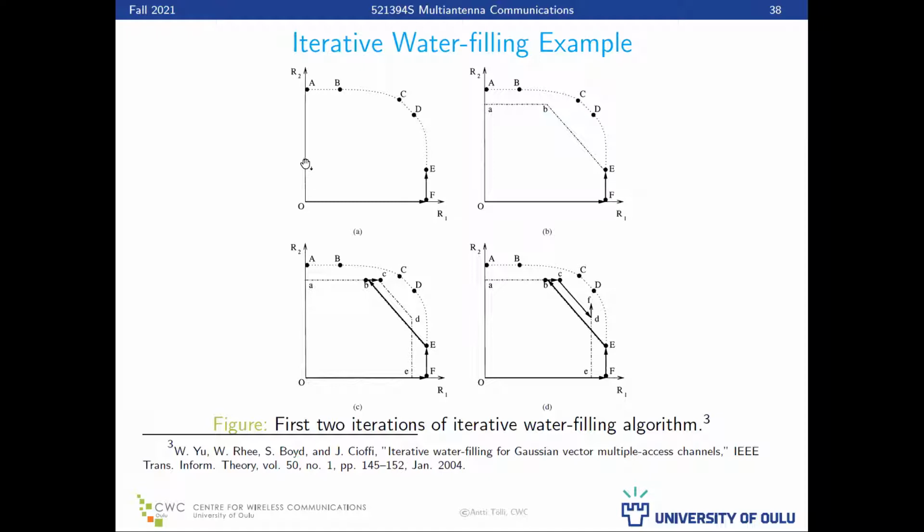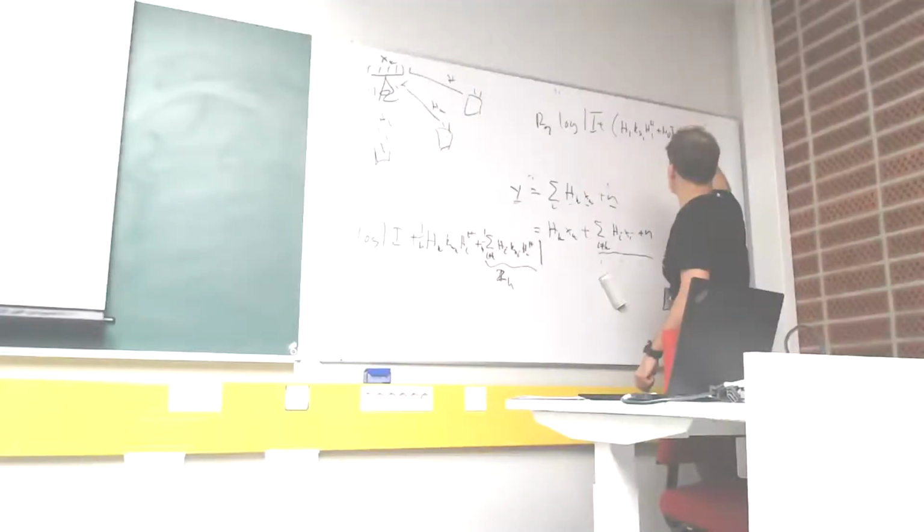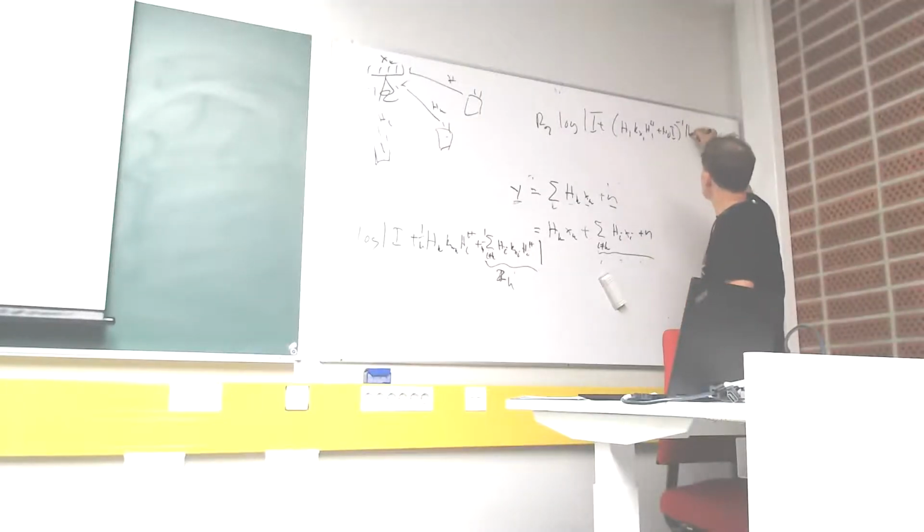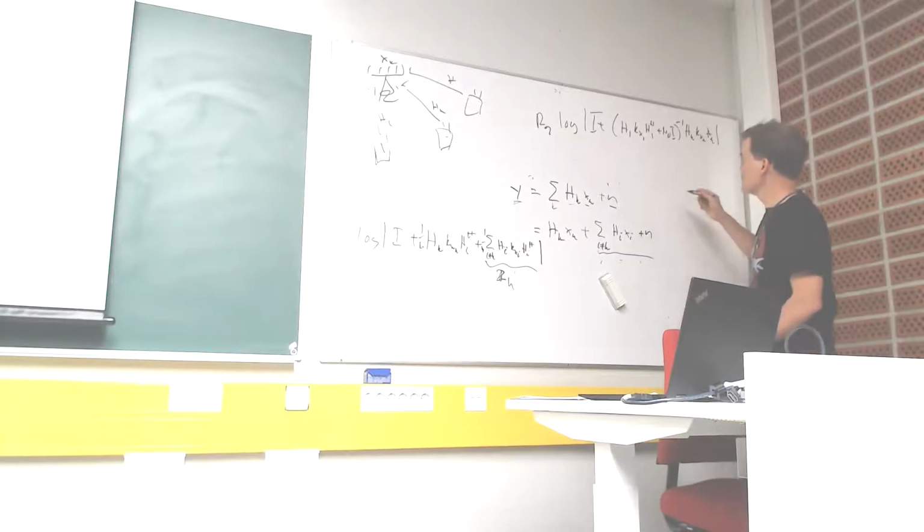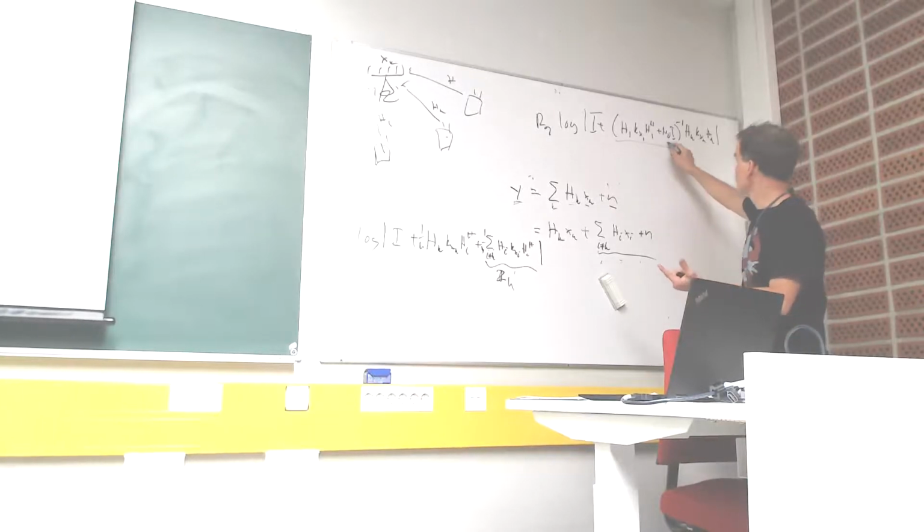We don't have that expression anymore. Here we have the noise plus Kx1 H1, so this is the interference from user 1 plus noise.